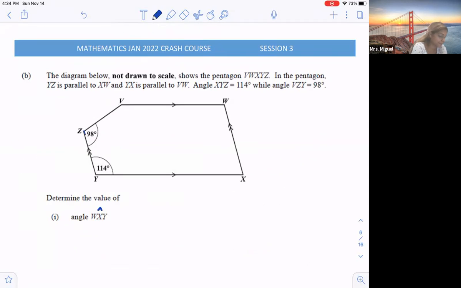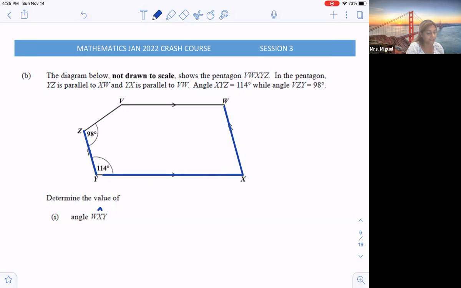For example, this line here and this line here is what we call co-interior angles. And the sum of co-interior angles is 180 degrees.